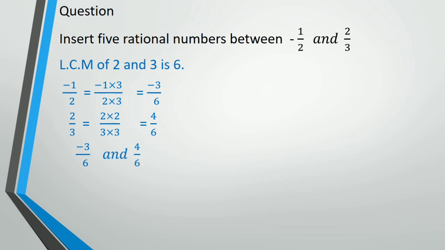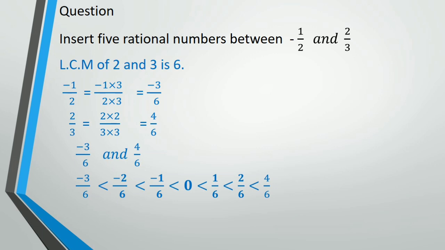Now between them we can obtain the following rational numbers. They are minus 2 by 6, minus 1 by 6, 0 by 6, that is 0, 1 by 6, 2 by 6, and 3 by 6.